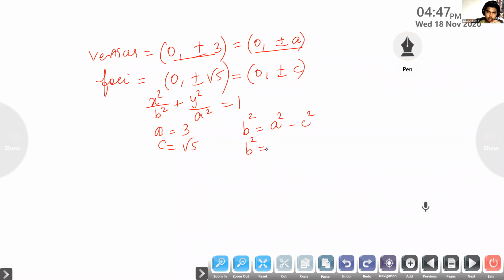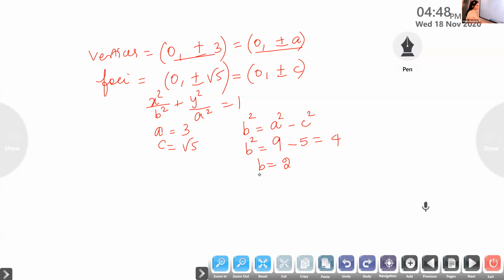I got b equal to 2. How? What is a square? A square is 9, so 9 minus c square, 5. So 4. So b square is 4, so b is 2. Okay.